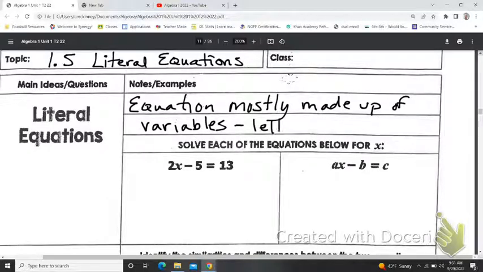Letters, right? Letters. That's why it's called literal, because there are more letters than usual. It doesn't have to be all letters, but there are definitely going to be more than one variable. So we will not be able to get a number answer.